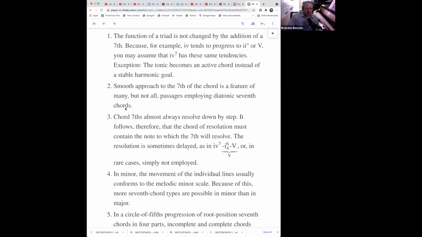And what do we know about suspensions? Same note before the 7th and down a step after it. So you want that there and you want that there.